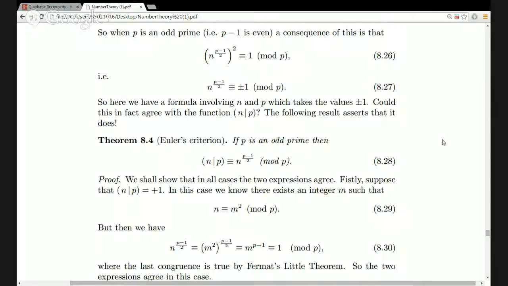So whatever number you feed in there, n, as long as n is coprime to p, when you raise it to the power (p-1)/2, you either get +1 or -1 modulo p. And the proof of this came from our earlier work on polynomial congruences. So that was important to establishing that.